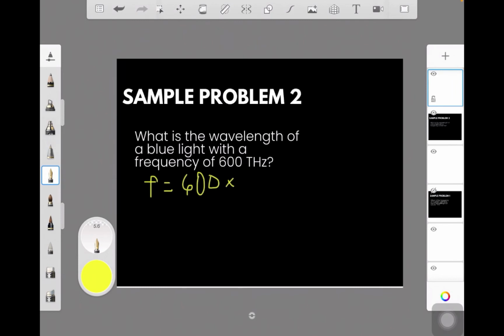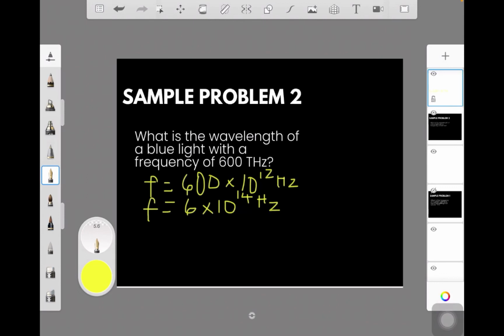So that's 600 times 10 raised to 12 hertz, which is also equivalent if you want to write it in a proper scientific notation, 6 times 10 raised to 14 hertz. Okay, so this is the frequency.